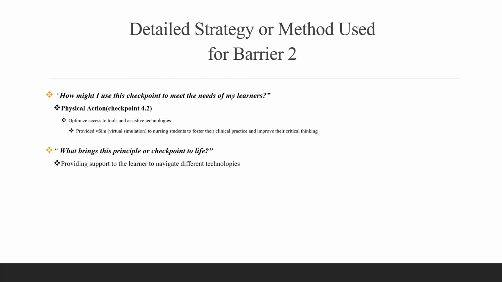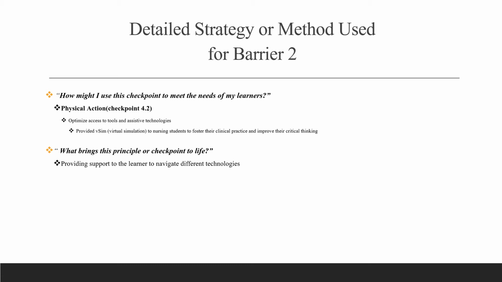So because I have two barriers, it should be two barriers. For barrier number 2, I would like to use physical action, providing learners with tools, and we need to provide the support.